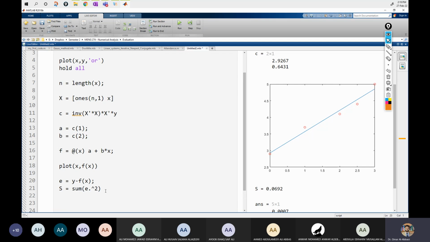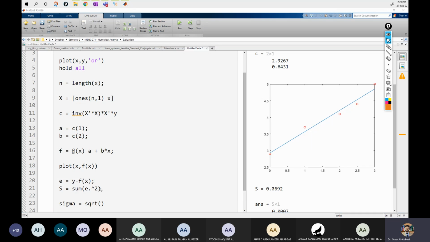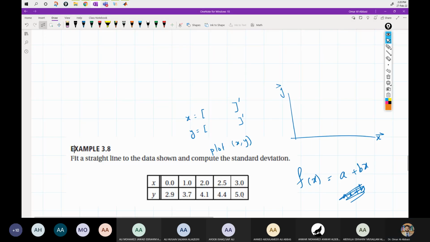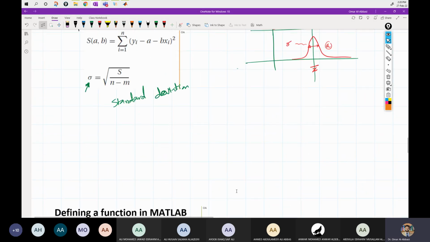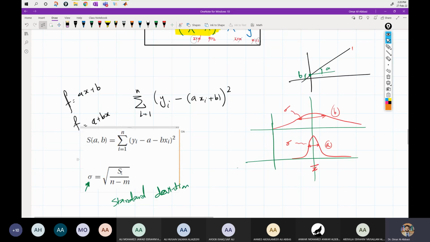Okay. Now the standard deviation sigma equals the square root. That is the command for the square root. What was the square root of? It was square root of S divided by n minus m. By the way, what is m? N, we know it. It's the length.